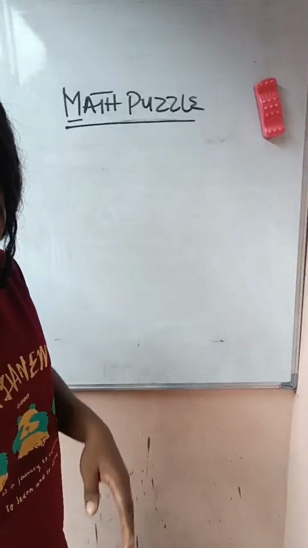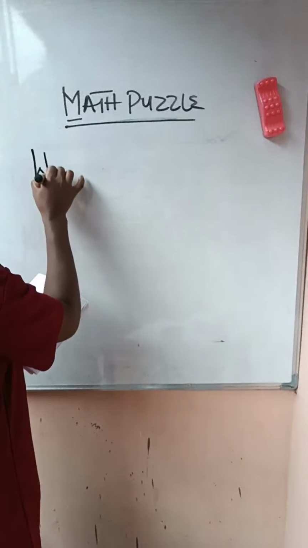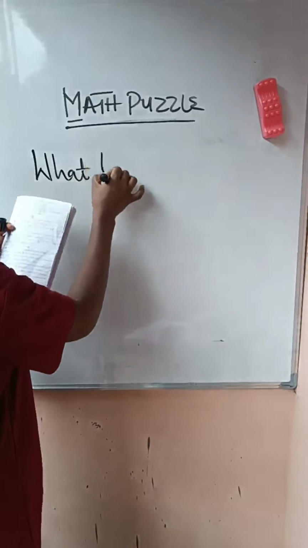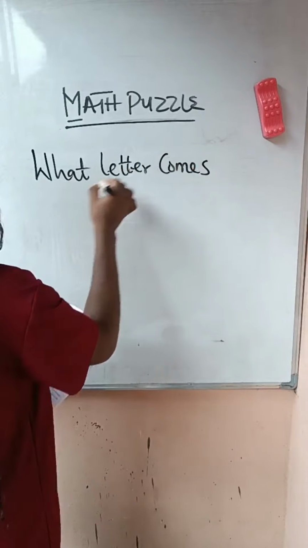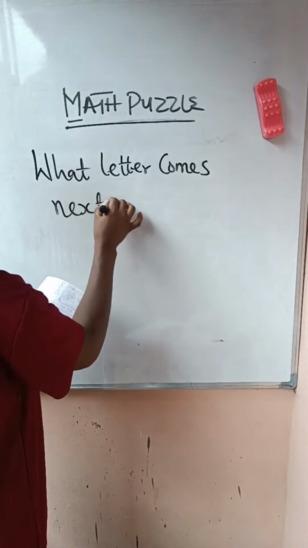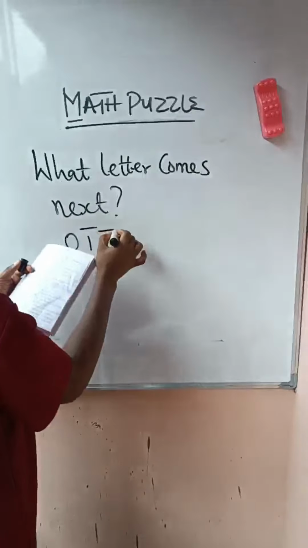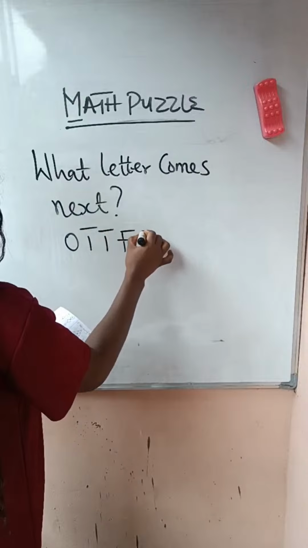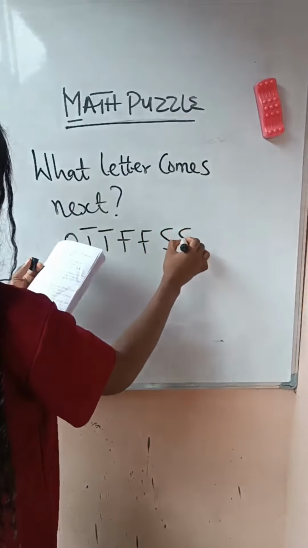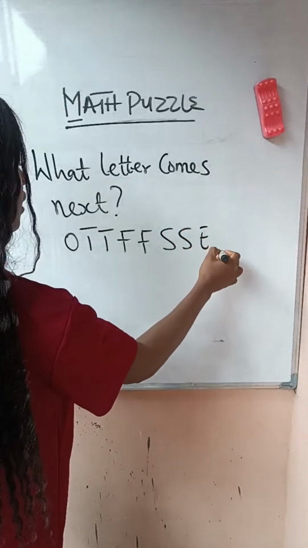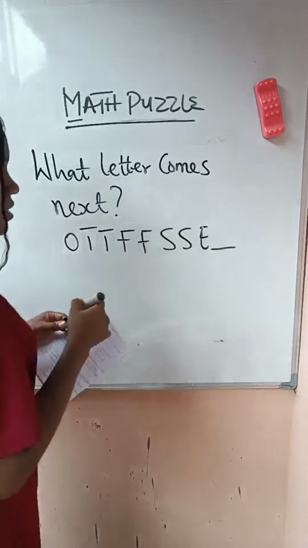Now, this question says, what letter comes next? I have O, T, T, F, F, S, S, E, then I have the last one. What letter comes next?